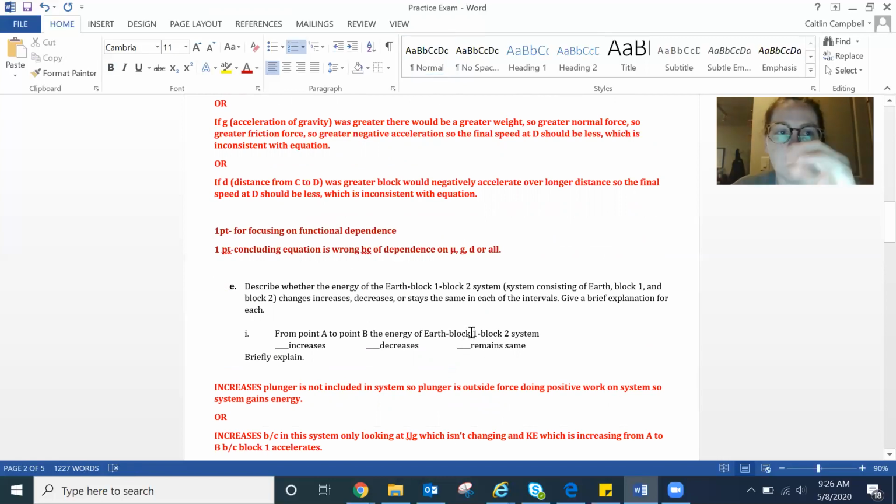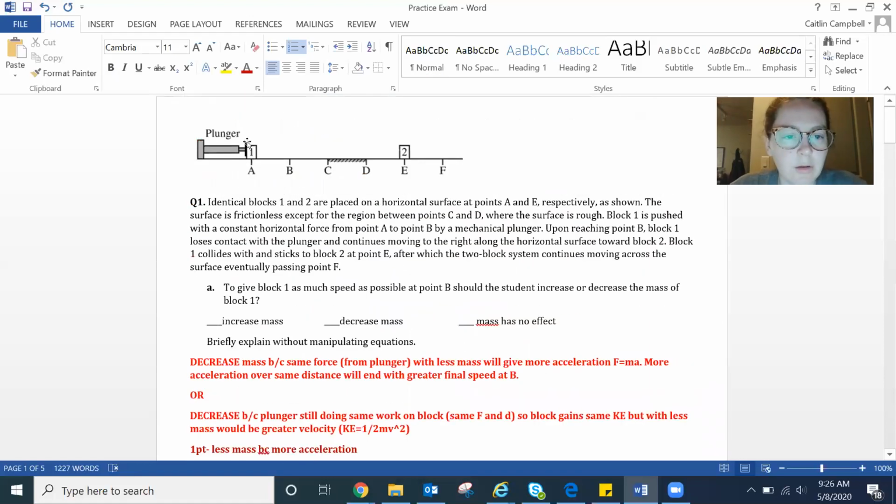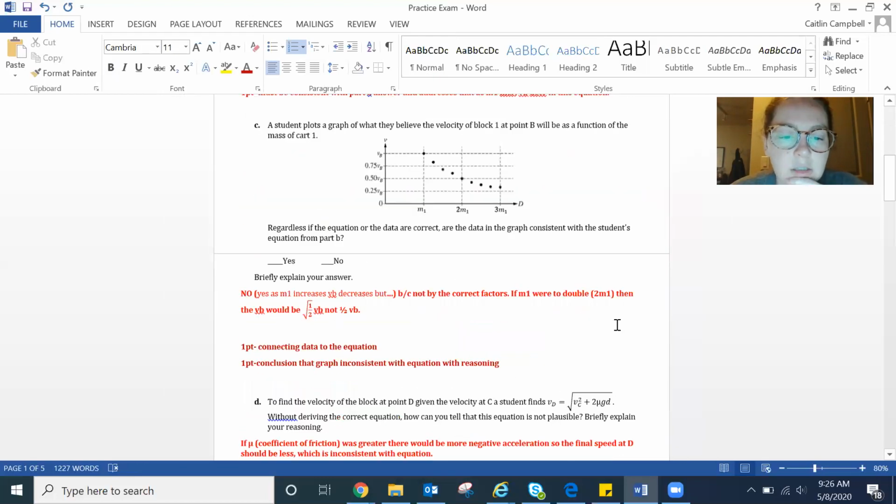What is not included is spring potential energy, because I didn't have anything about the spring or the plunger. So in this case, the plunger is an outside force, so the outside force is doing work, and because it is moving to the right and the force is pushing it to the right, that is positive work, which means that the system is going to gain energy.